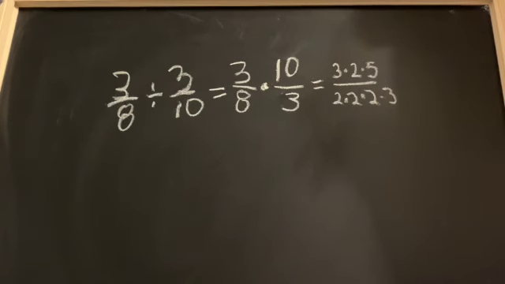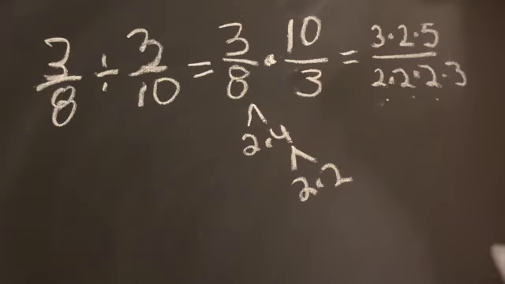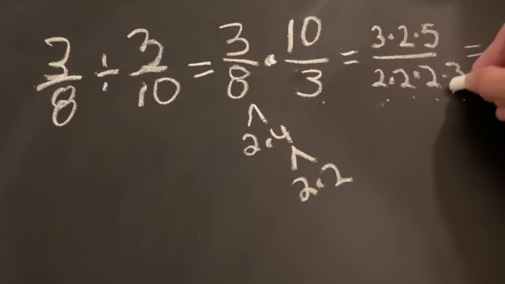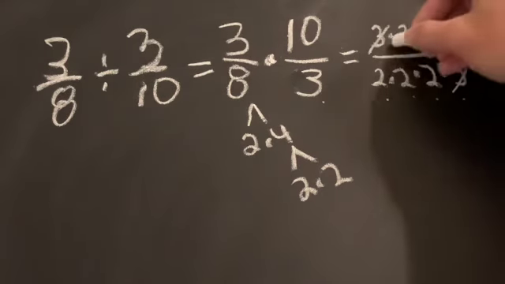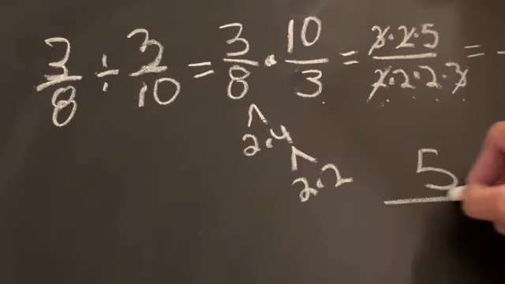Reduce these numbers by dividing by primes. So you can see 2 times 4 is 8, and then 4 needs to be reduced to 2 times 2, so we have 2 times 2 times 2 times the 3. Then you just factor out the primes, and you're left with 5/2 times 2, which is 5/4.